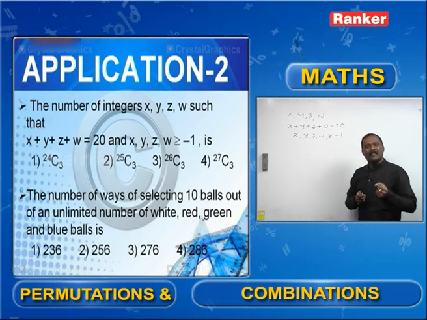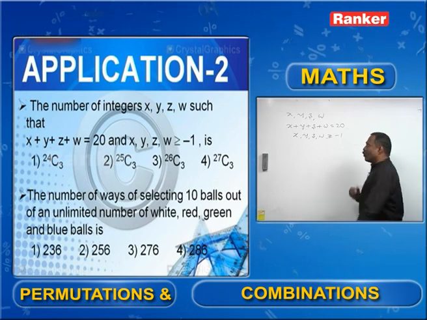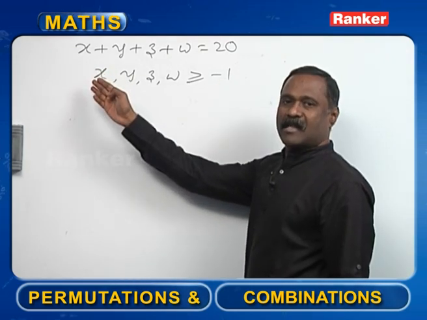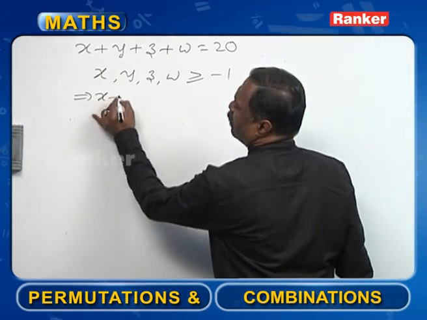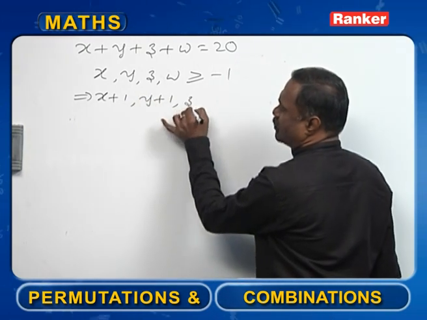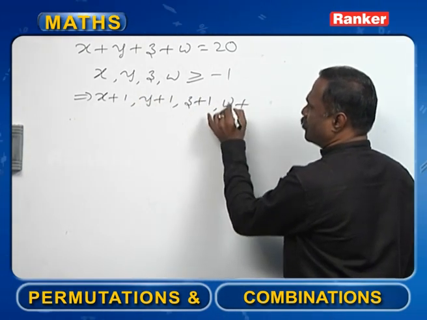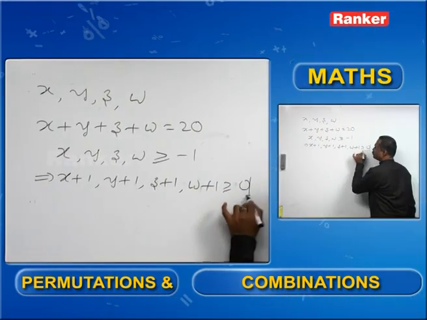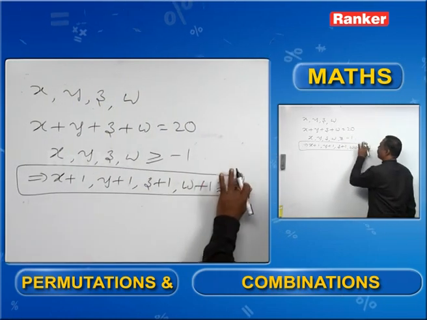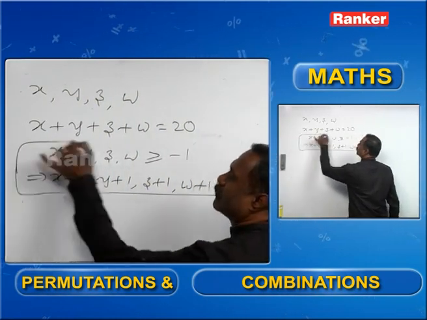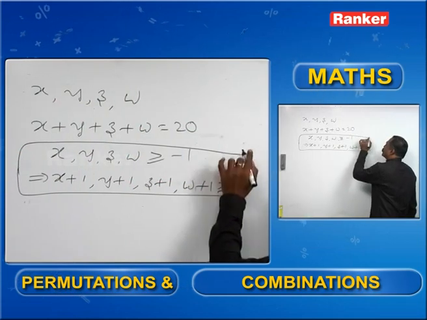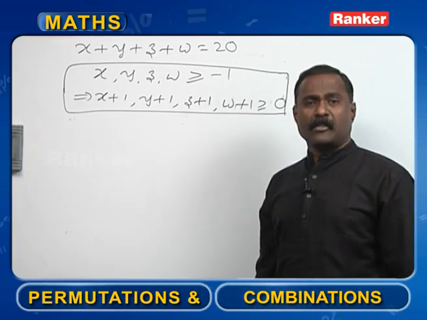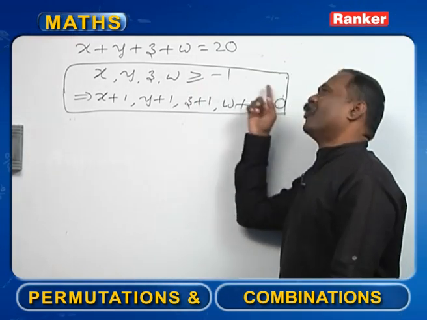So let us make a little modification. We will move this to the other side. Then x plus 1, y plus 1, z plus 1, w plus 1 is greater than or equal to 0. Understand this carefully. To apply that formula comfortably, the restriction is that it must start with 0.